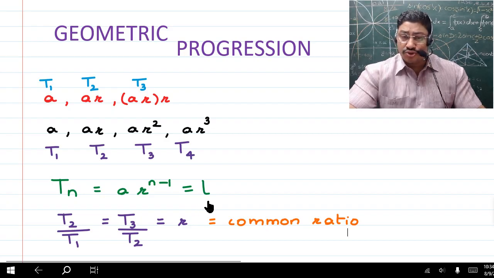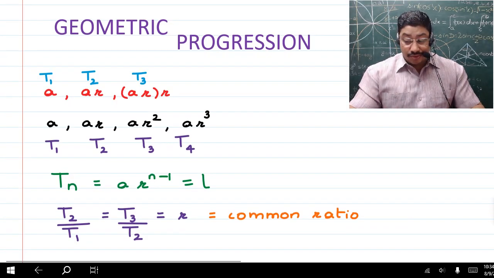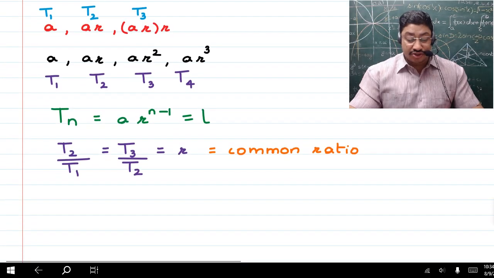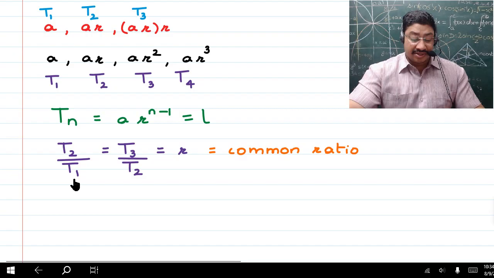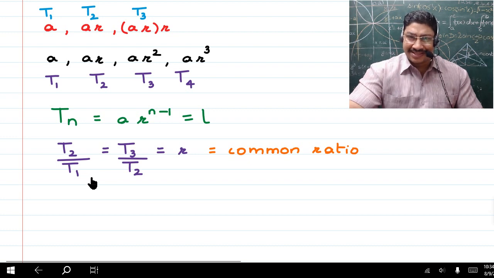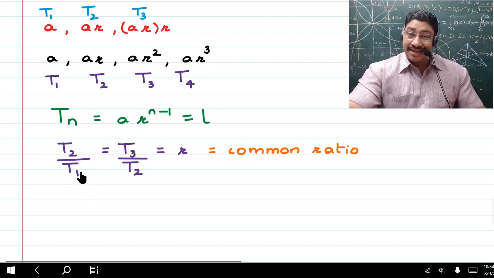As such, we also write it by small l. Now remember here, children, there is this basic characteristic which helps us in determining whether the series or the progression is a geometric progression or not. When we talk about the geometric progression, the characteristic property is that if you divide the later term by the earlier term, the consecutive ones, one after another, then you will get the common ratio.